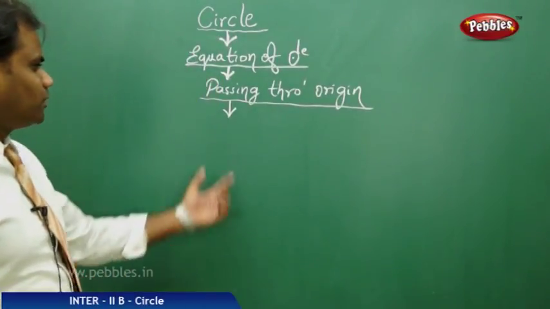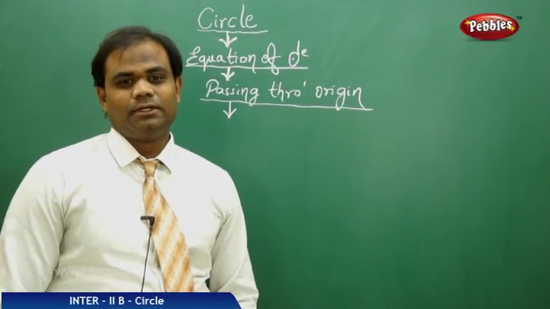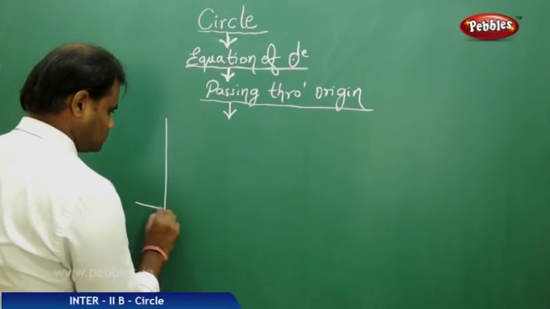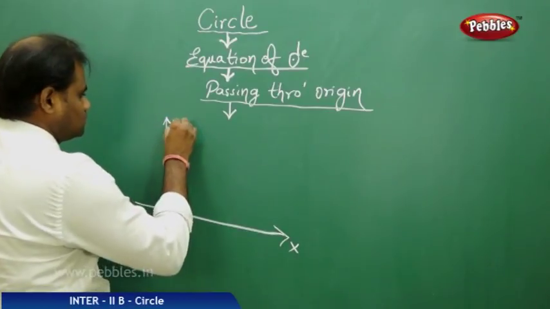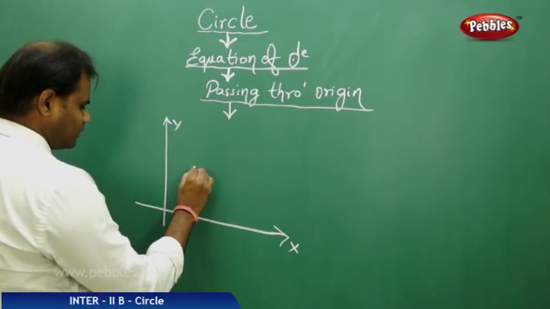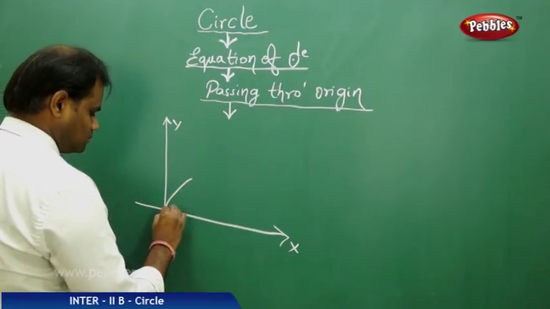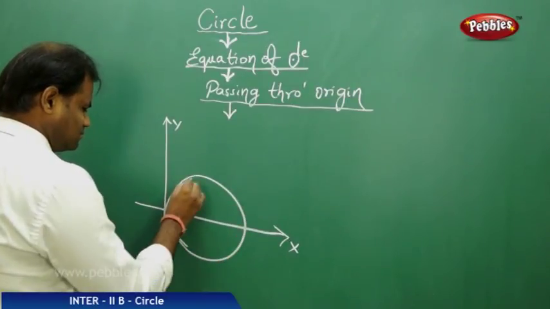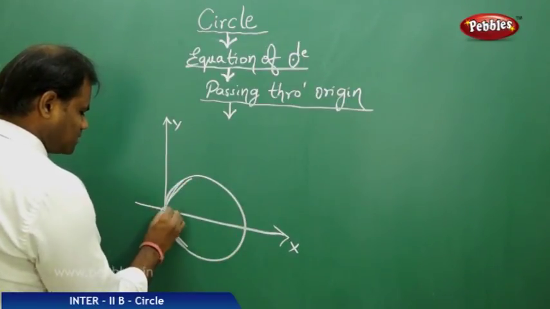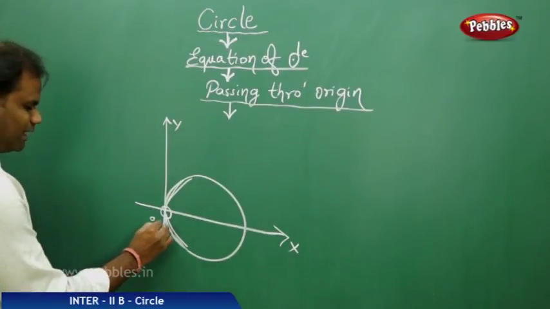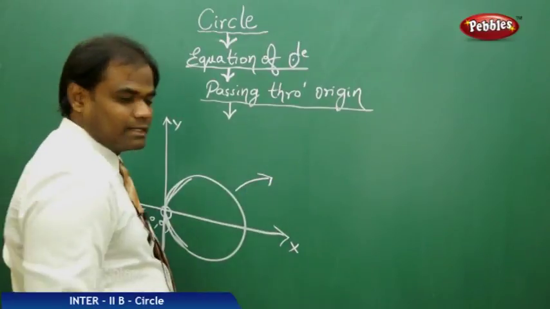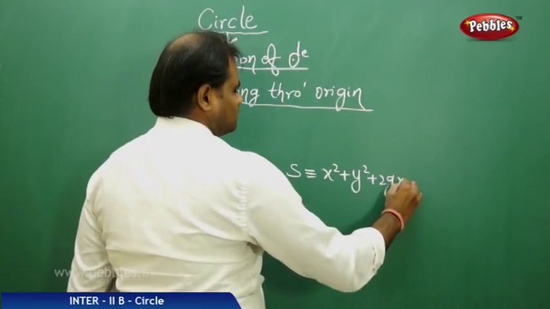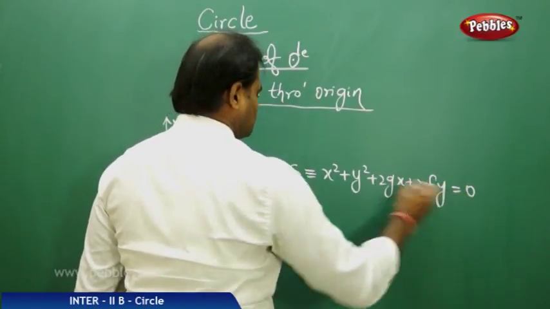Now let's see the equation of circle passing through origin. Say I have a circle which is passing through origin. If this circle is passing through origin, then we have equation of this circle as S: x square plus y square plus 2gx plus 2fy equal to 0.